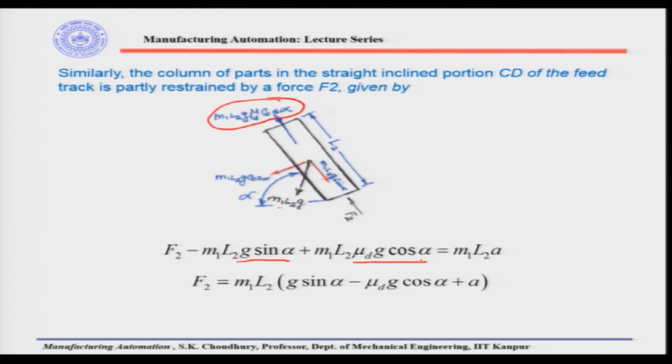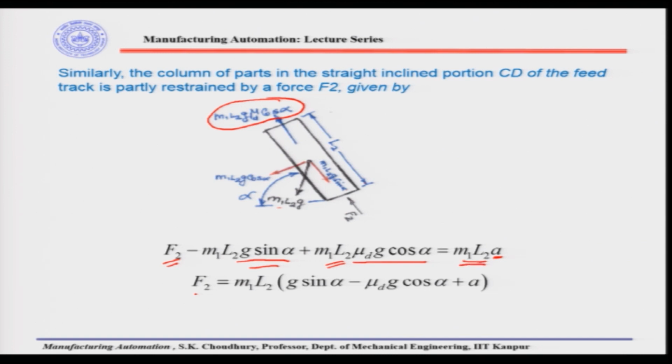So, F2 and these two forces have the same direction, so they are positive, and the opposite direction is M1 L2 g sin alpha. They will be equal to M1 L2 times the acceleration. This can be rearranged as F2 equal to M1 L2, common, times g sin alpha minus mu d g cos alpha plus a, because M1 L2 is common.